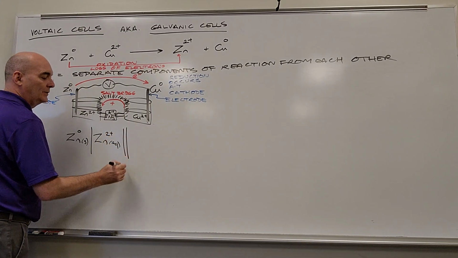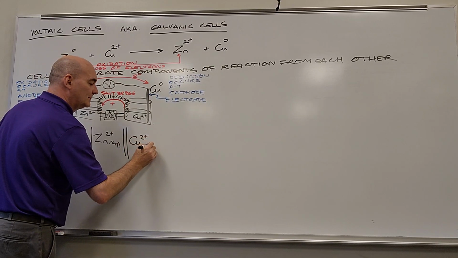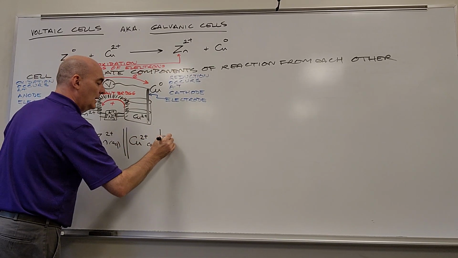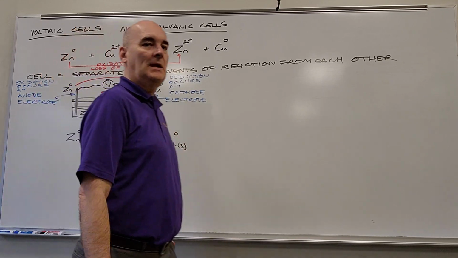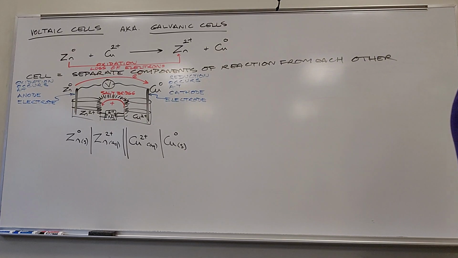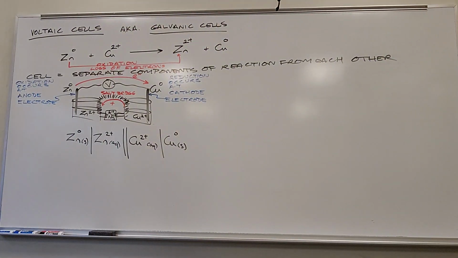And then there's a salt bridge. And then there's the copper solution. And then there's the copper metal. That's how we write the cell. Okay. Let's throw some numbers at this.